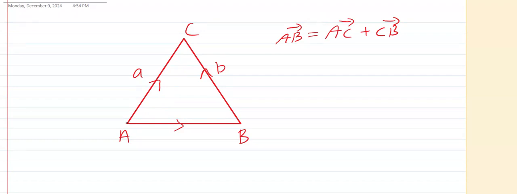We need AC and it is already from A to C, so it is A. Now we need CB, while in the diagram the direction is given from B to C, meaning BC is B. But we need CB, so you have to change the position. There will be a negative sign with that, so CB will be equal to negative B.